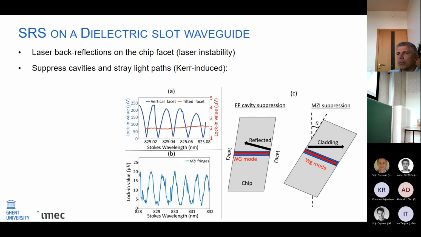In the same way, you can actually also have a formation of an interferometer because you couple light into the waveguide, but also part of it can couple into the cladding mode. And at the end of the chip, you actually can have interference between the cladding mode and the waveguide mode. And that led to these fringe patterns that you can see here. Well, in order to understand why you can observe that, you have to look towards the nonlinear refractive index change that occurs by cross-phase modulation, because we know we have a modulated pump laser.